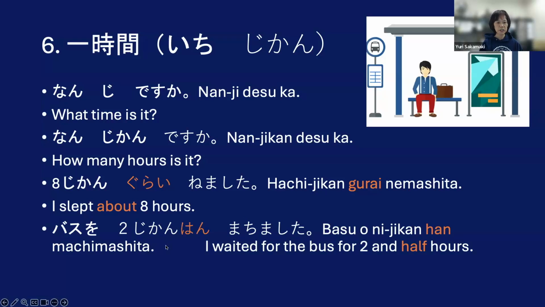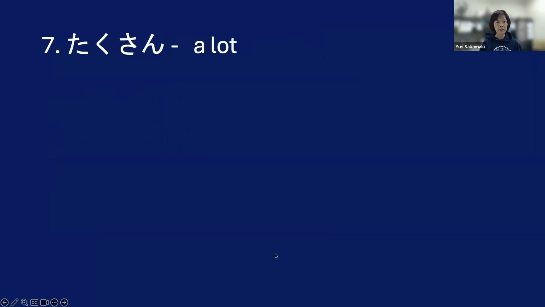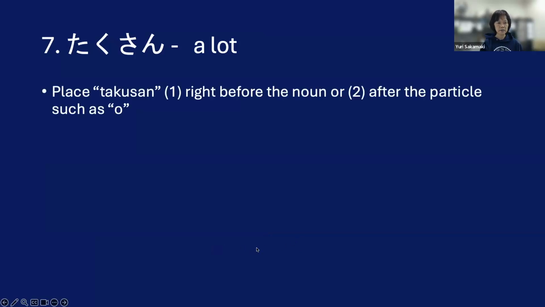バスを2時間半待ちました。So if you want to say 2.5 or 3.5 hours, then you say 2 hours and then the word 半, which is half. 2時間半待ちました。And the last point of the grammar in lesson 4 is たくさん. It means a lot.